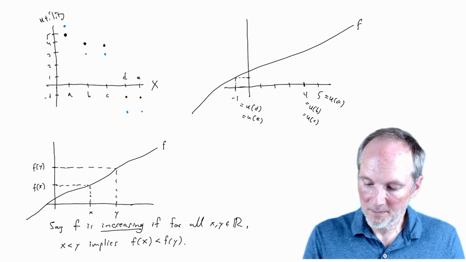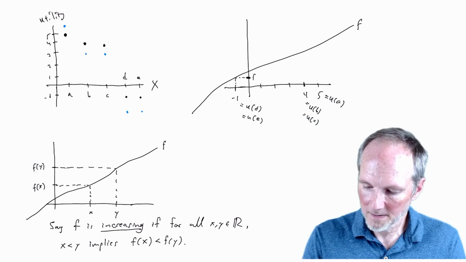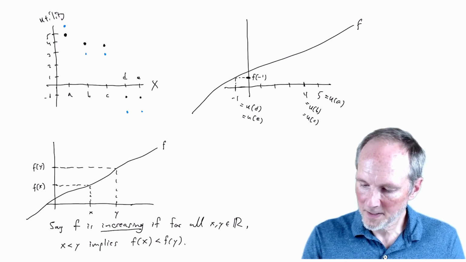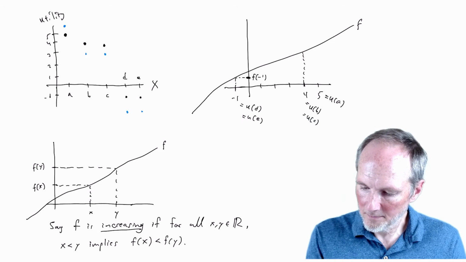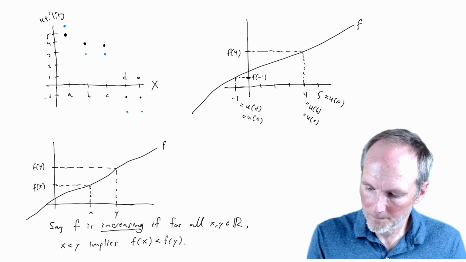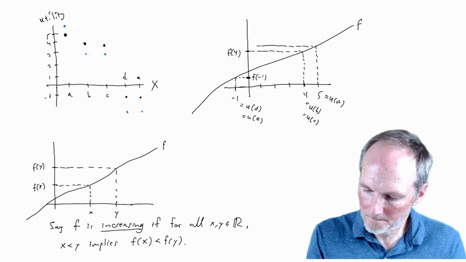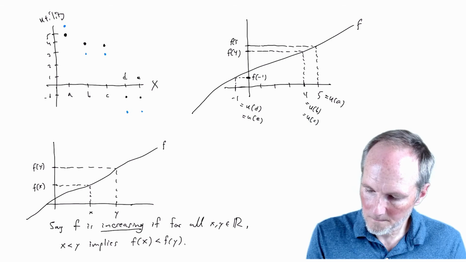So what's the value of f at -1? Well, it's this value here, right? That's f of -1. What's the value of f at 4? Well, it's this over here. The value at 5 is this.